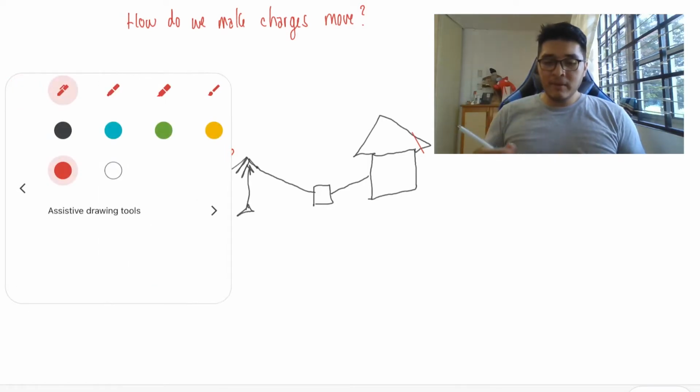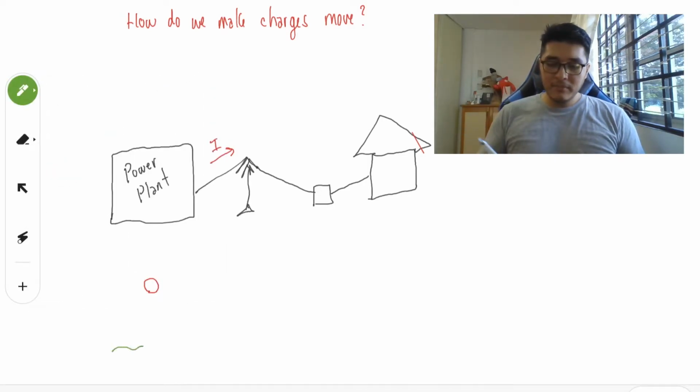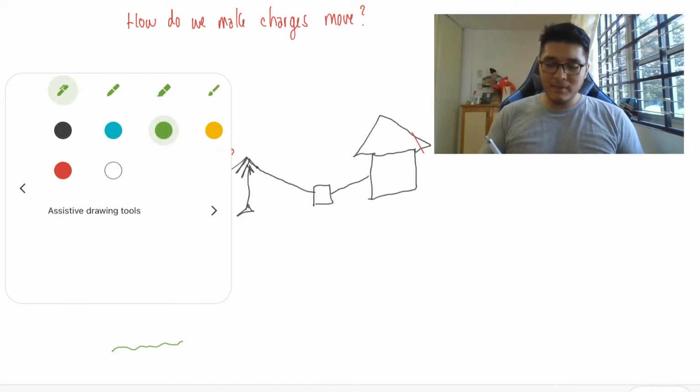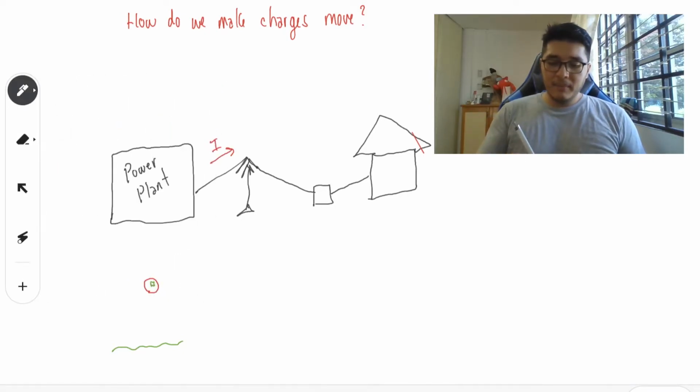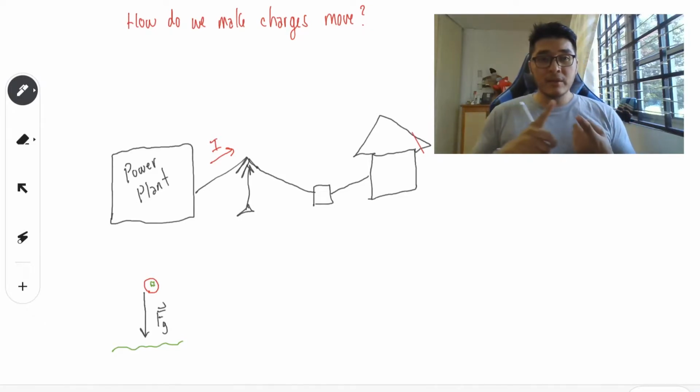So if we think back to our tomato, or apple, whatever you like. What makes this apple fall? That there's a force of gravity acting on it. So in other words, to make charges move, charges are objects as well, they need to experience a force.